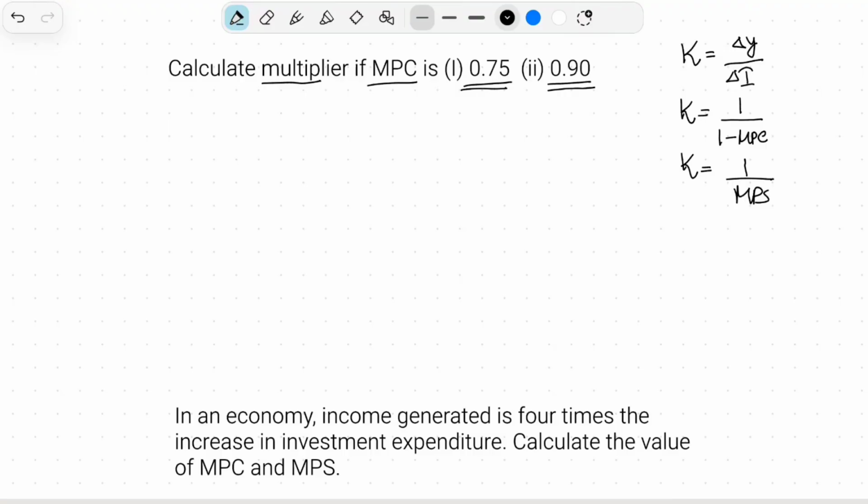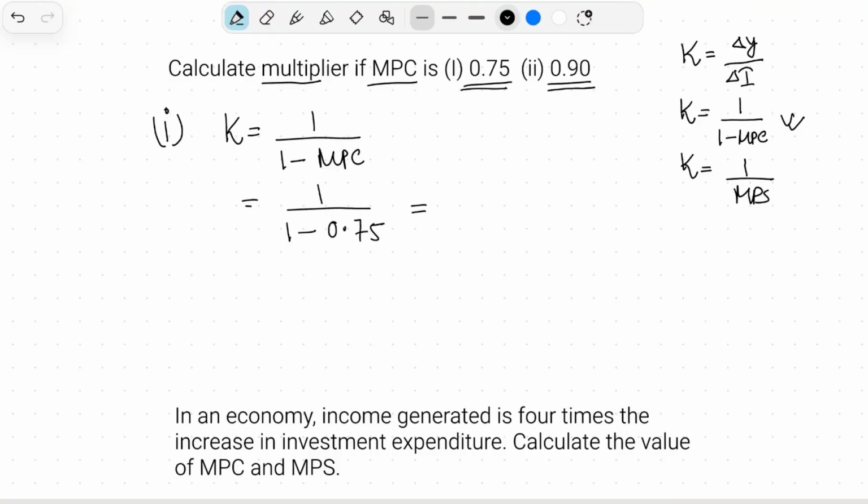Given number 1, MPC is 0.75, so it is very easy to calculate. K is equal to 1 divided by 1 minus MPC. We have used the second formula. So 1 divided by 1 minus the value of MPC, number 1 is 0.75, which is equal to 1 divided by 0.25, or 4.